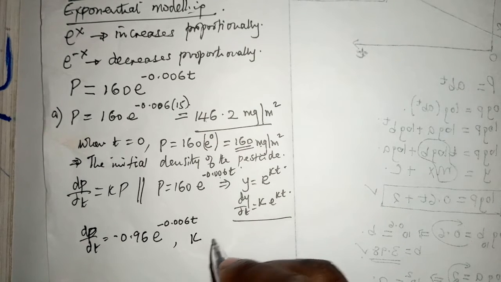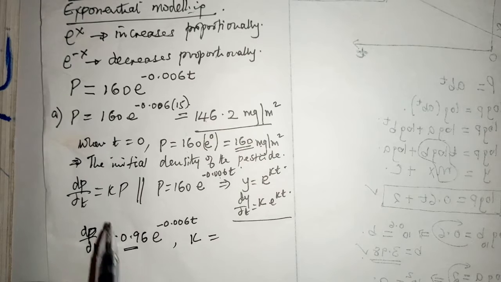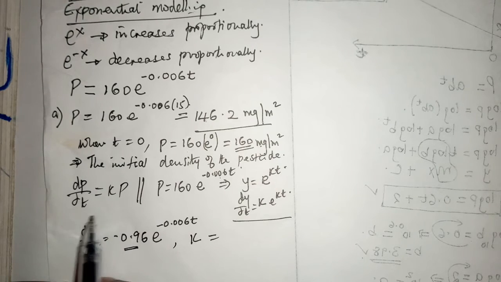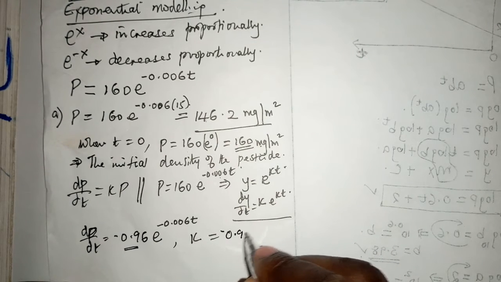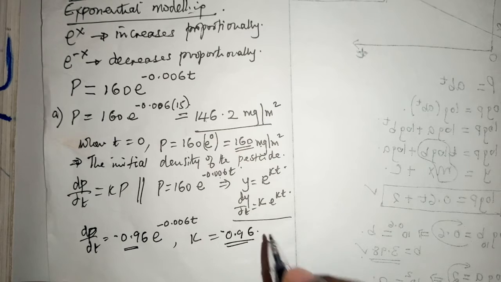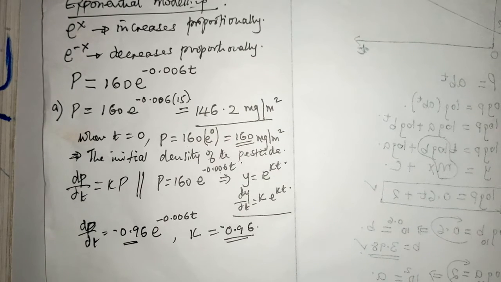Yes, you can see our k now, as illustrated, dp/dt is equal to kp, so our k is clearly negative 0.96, and that is now part C.